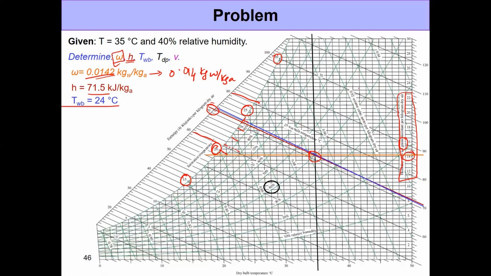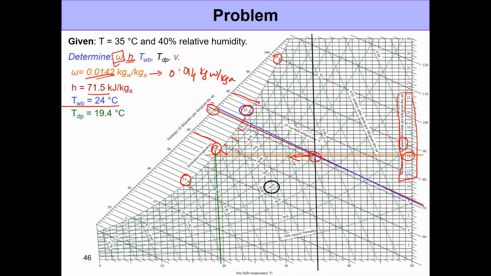We also need to determine the dew point temperature and the volume. So for the dew point temperature, we just need to follow the same procedure we discussed before. That is, you start from the point of interest, then you keep on decreasing the temperature at the same value of omega, such that you reach the saturation line. Once you reach the saturation line, you just need to draw a vertical line downwards. That's going to give you the dew point temperature.